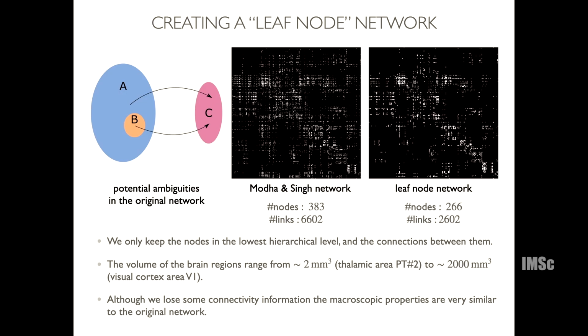So there's a huge range in terms of the volumes of these regions. And this is another problem, by the way. Suppose in the original network you have a huge region which has further children, and you don't know where it's emanating from, it's a huge problem. But at least now we know that even though this is a large region, there are no further subdivisions.